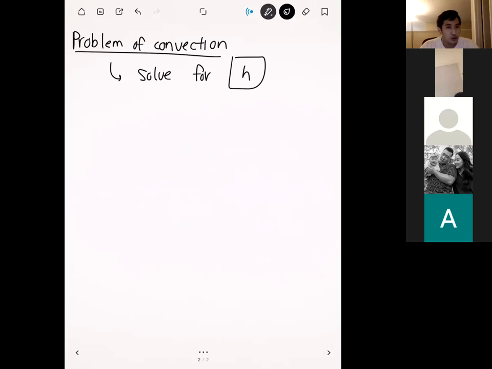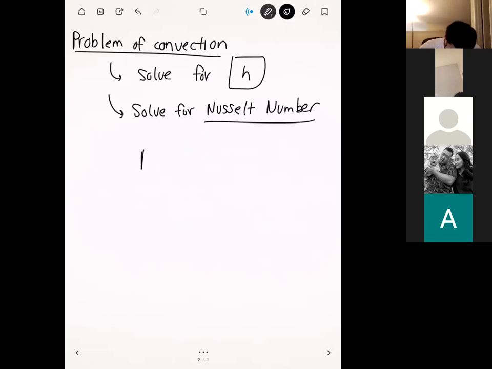But for general situations, it's usually a little too difficult to solve for h. So the way we usually go about it is we use our non-dimensional numbers. In particular, what we solve for is the Nusselt number. The Nusselt number, we give the symbol Nu, and in most cases we're going to have a bar over it.